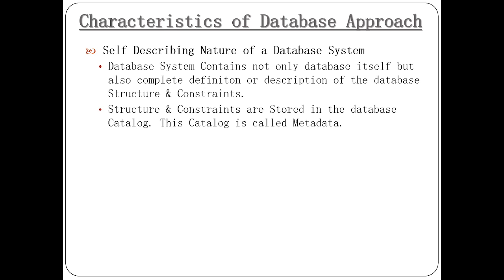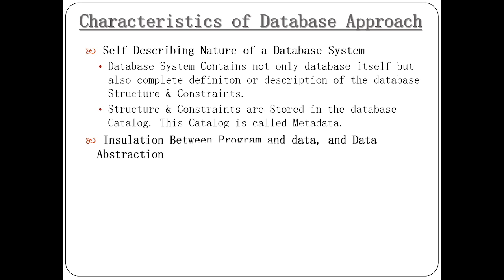So the DBMS contains this information. The catalog which has stored this information is called metadata. This metadata allows the DBMS software to work with different databases. This is the first characteristic of the database approach.